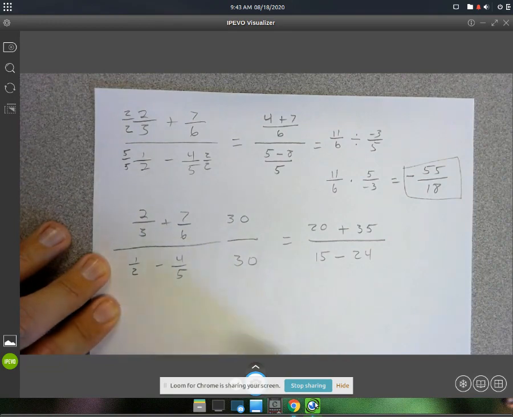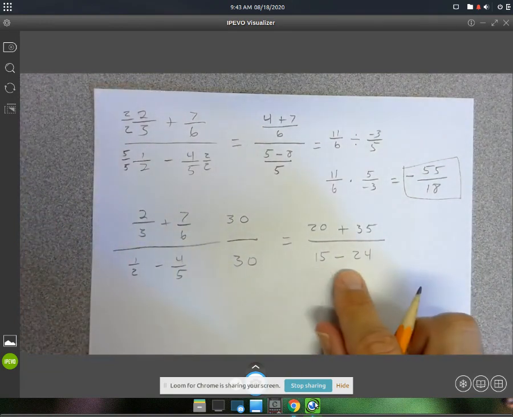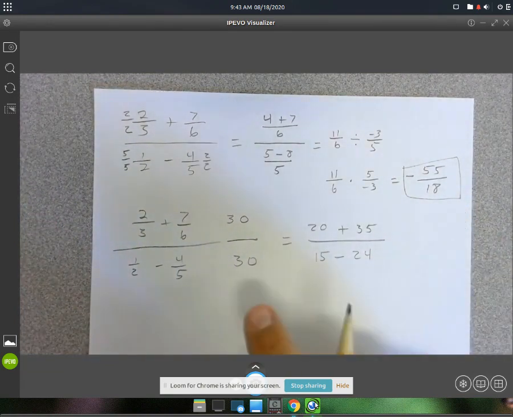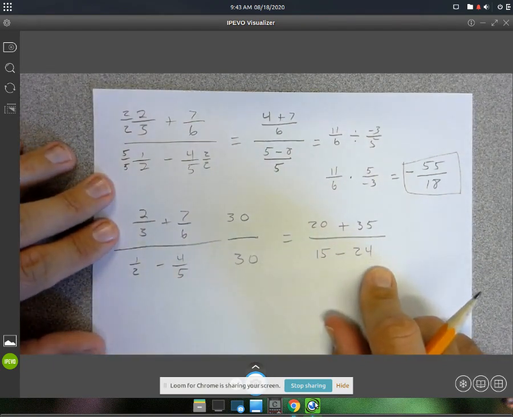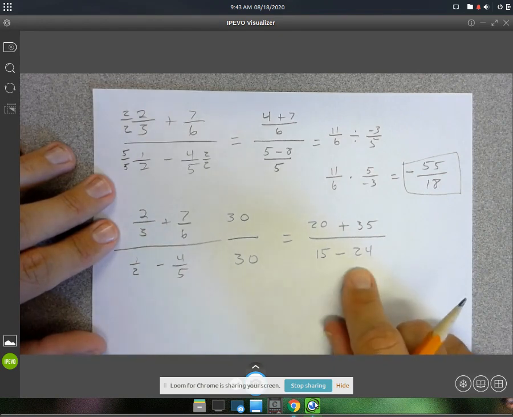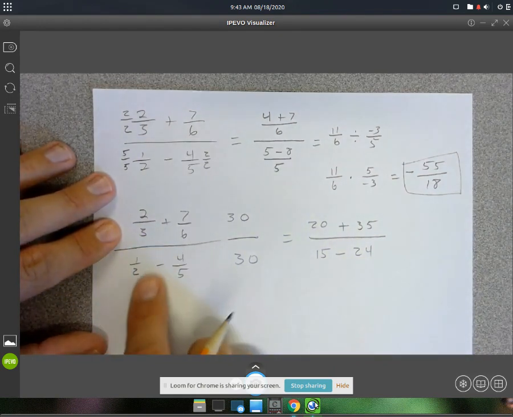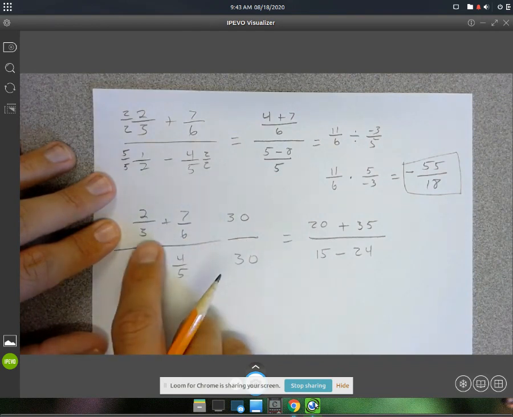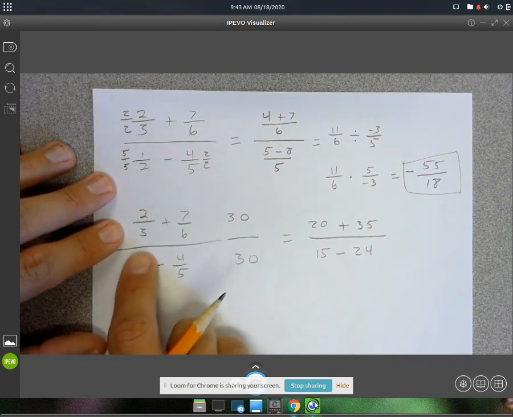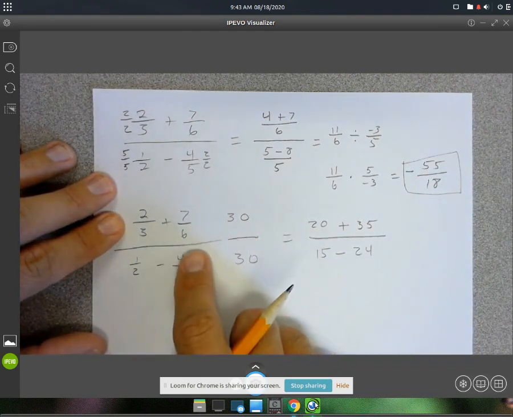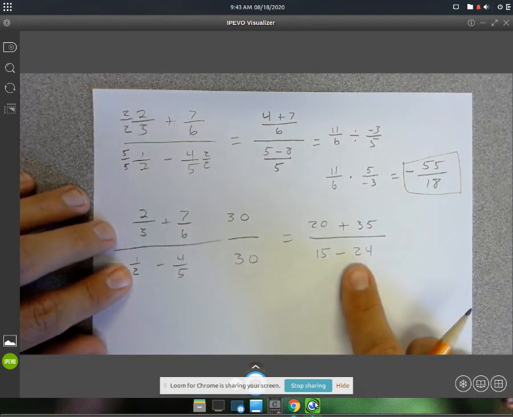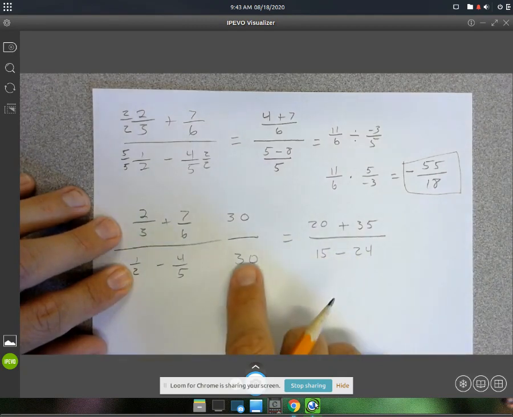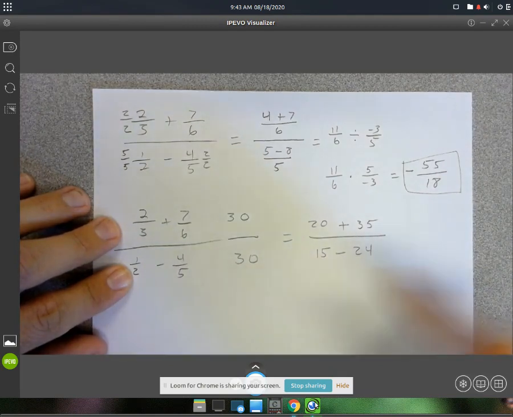Let's see. I need to check something here. Something's not looking right. 15 minus 24. It's 20, 35, 15, and 6 times 4 is 24.